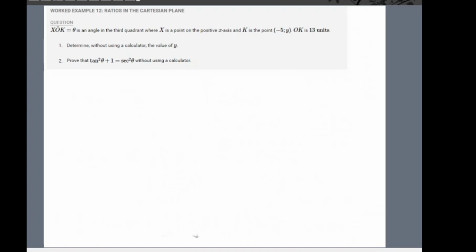But OK is 13 units. Determine without the use of a calculator the value of y. So I'll just draw a sketch and plot that point K.